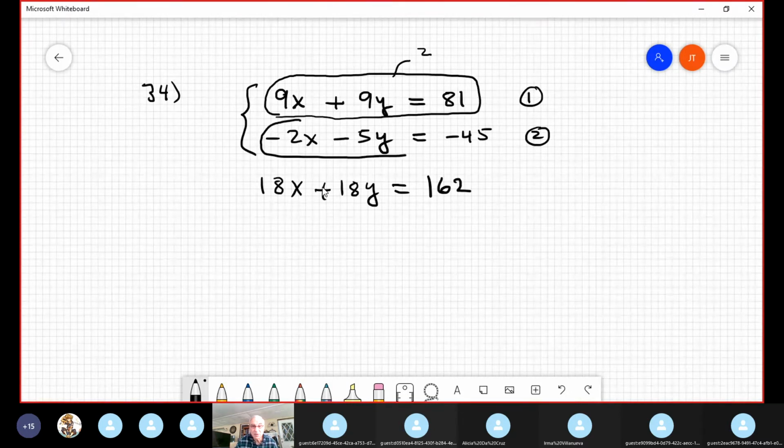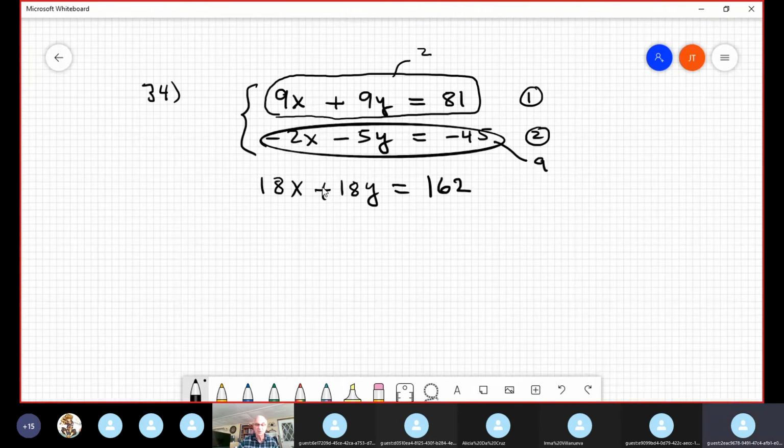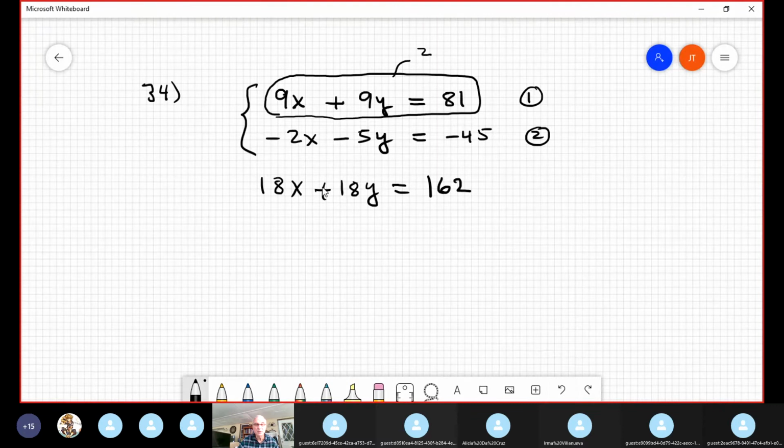Now I take equation number 2 and multiply by 9. Positive 9 or negative 9? Positive 9, because, look, I take advantage, we have minus here, right?